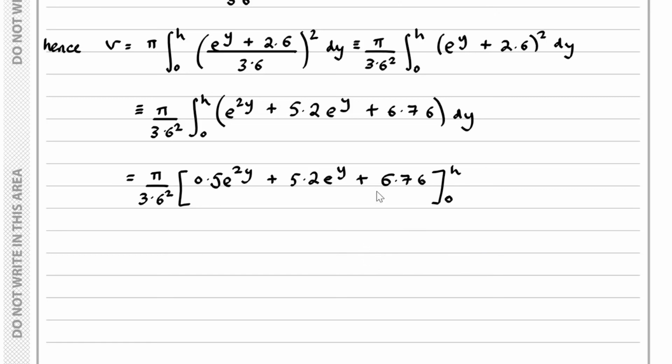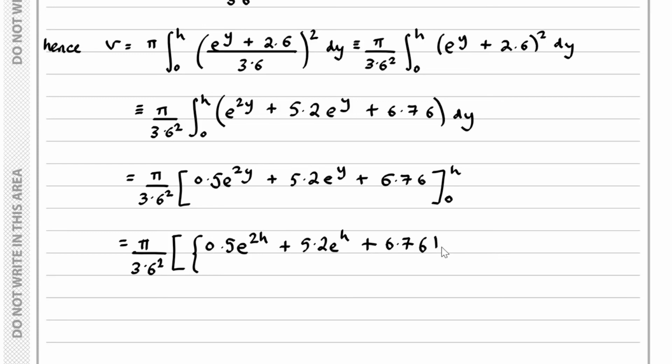So for our upper limit we have 0.5 e to the 2h plus 5.2 e to the h plus 6.76h. And for our lower limit we have 0.5 plus 5.2.